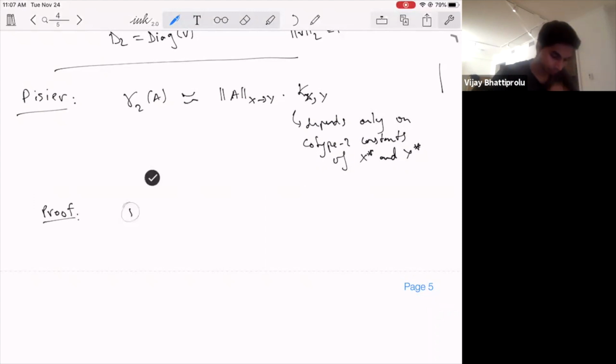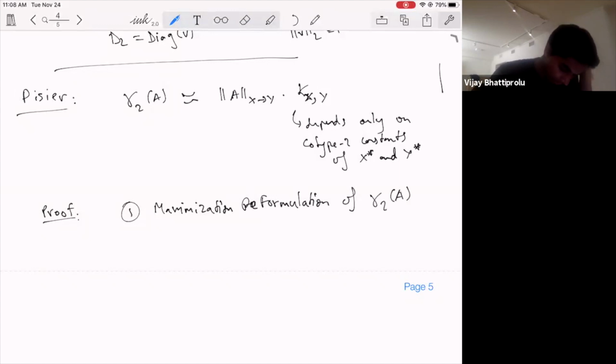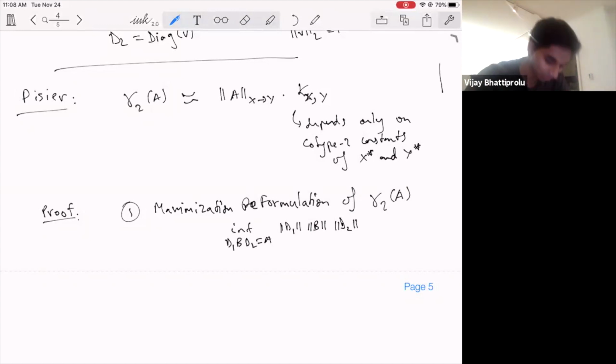The first is a maximization reformulation of gamma 2 of A, or in the case of Grothendieck's factorization theorem, a reformulation of this infimum over D1 B D2 equals A of the D1 norm, B norm, D2 norm. I'm dropping the subscripts just for shorthand.